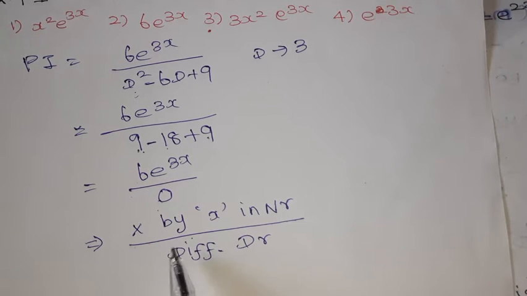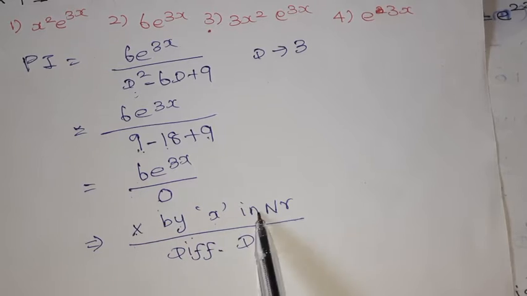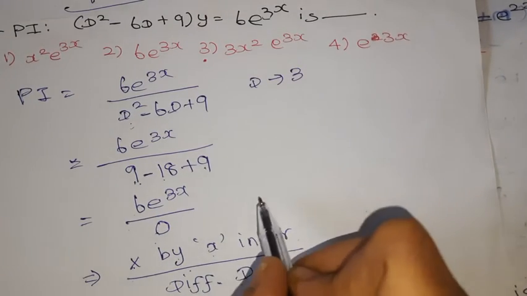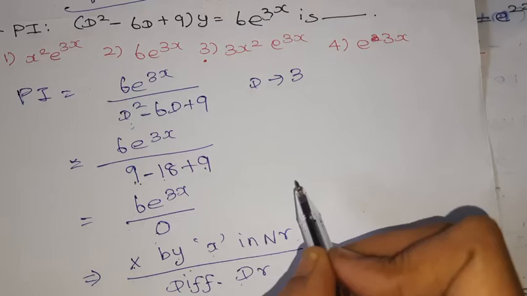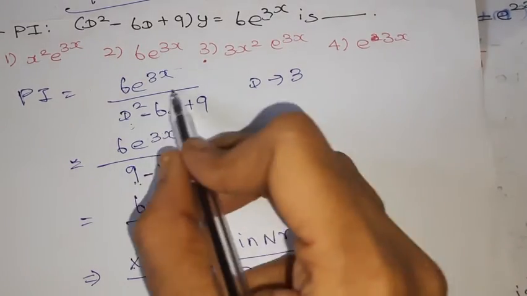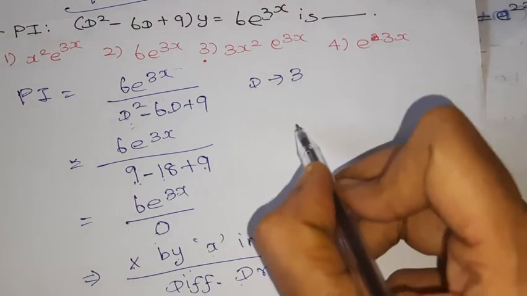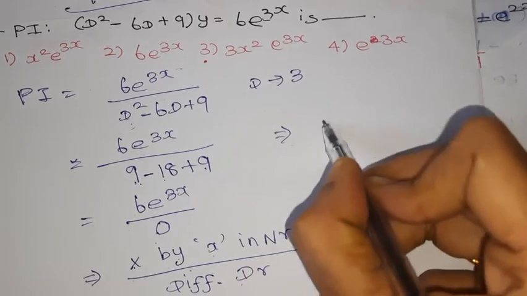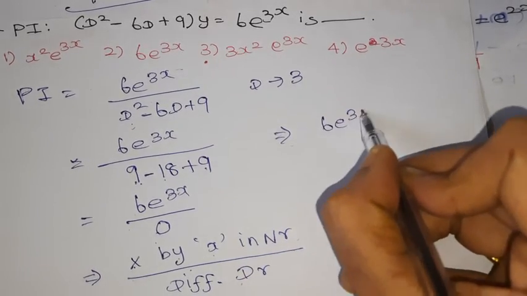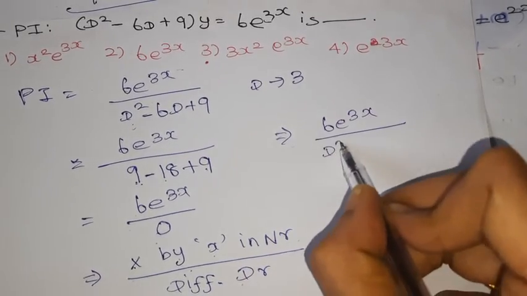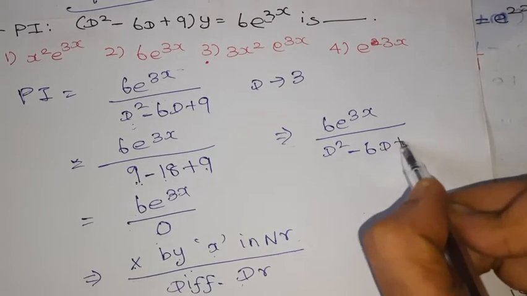Okay. So in this case, multiply by x in the numerator and differentiate the denominator. We have 6 e power 3x over D squared minus 6D plus 9.